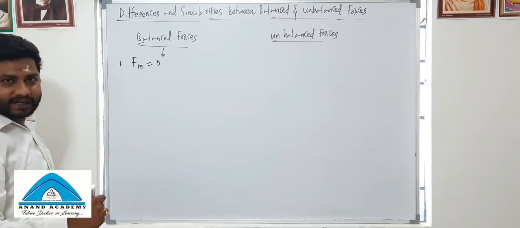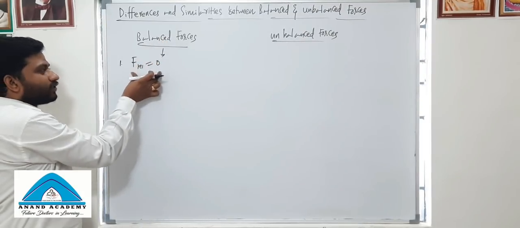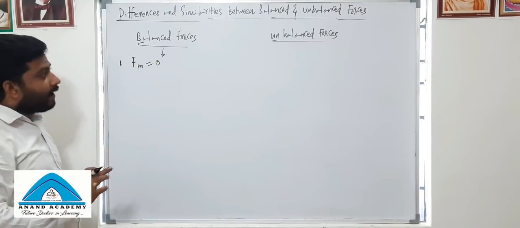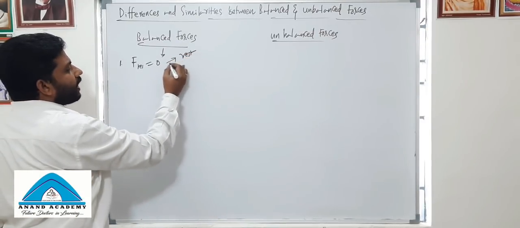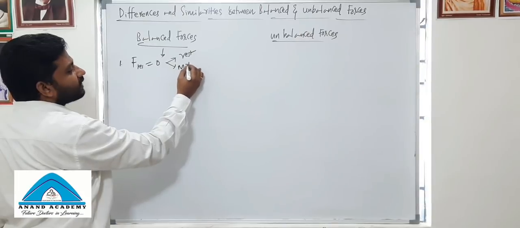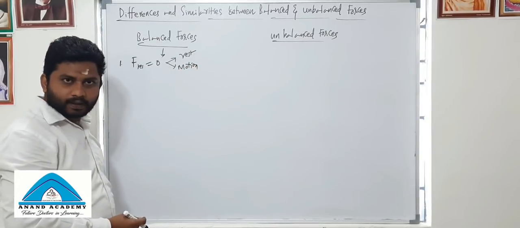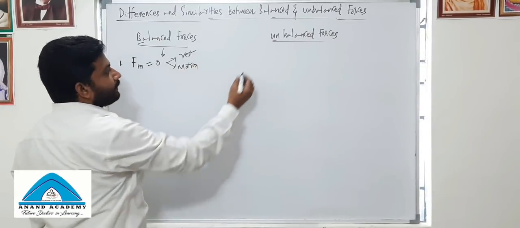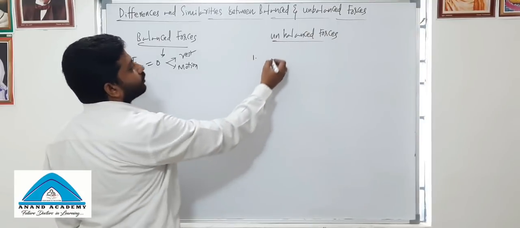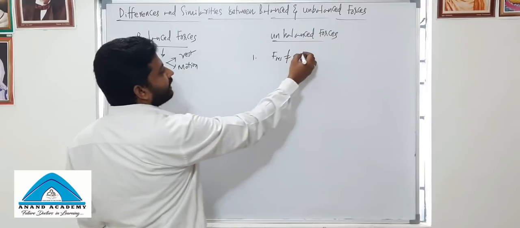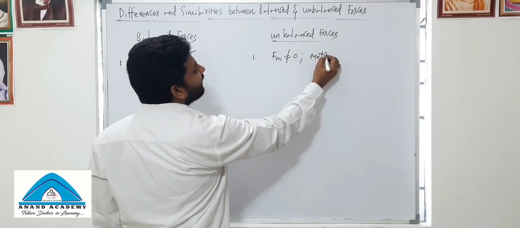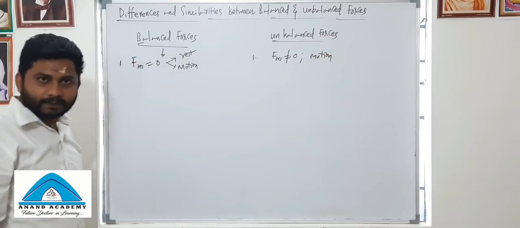Under the action of balanced forces, the resultant force is 0. When the resultant force is 0, the body may be at rest or in the state of motion. Under the action of unbalanced forces, the resultant force is not equal to 0, and definitely the body is in the state of motion.